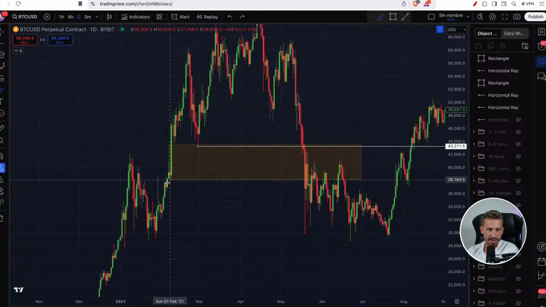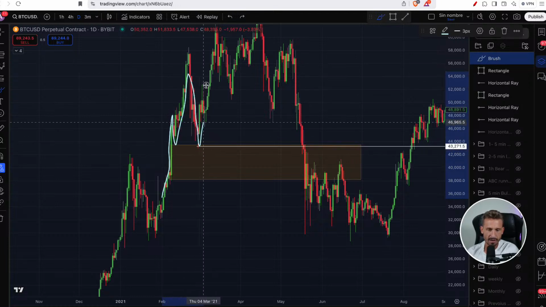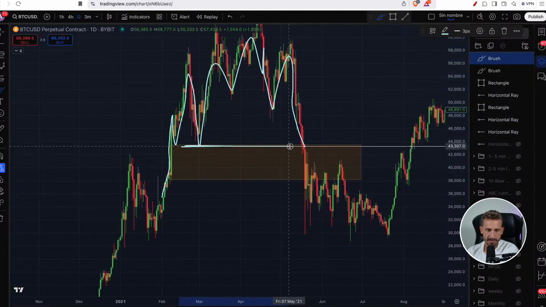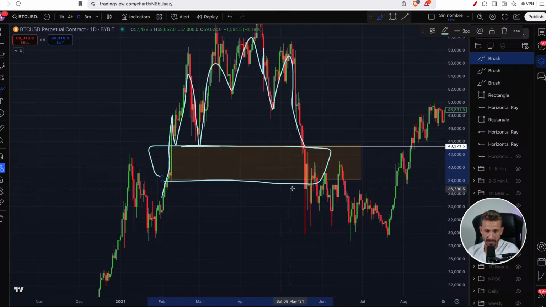Inefficiency candlestick right there. Big move up. Higher low. Higher low. Momentum continues. You lose this pivot, you will fill the entire candlestick and maybe even go lower.